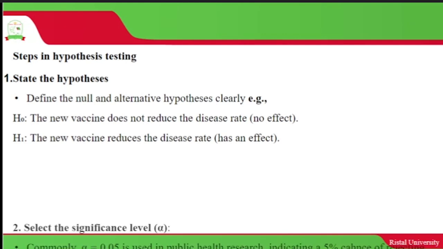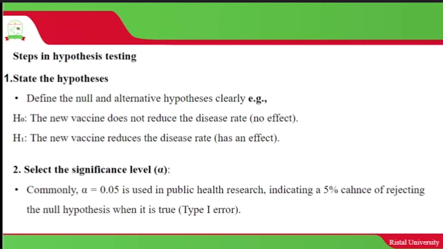Then select the significance level, commonly known as alpha, that you want to use. Commonly in statistics, an alpha level of 0.05 is used in most public health studies and research, indicating a 5% chance of rejecting the null hypothesis when it is true.